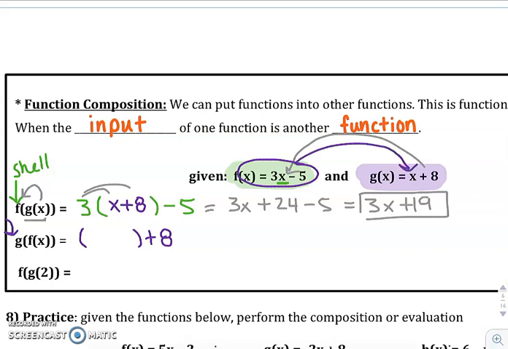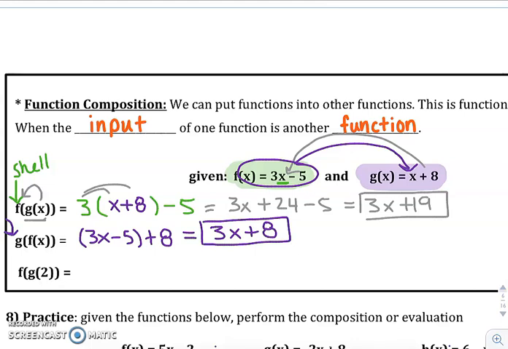So inside those parentheses, we will put 3x minus 5 and simplify from there. So the only thing you can combine is the negative 5 and the 8. So negative 5 plus 8 will be 3. So this becomes 3x plus 3.